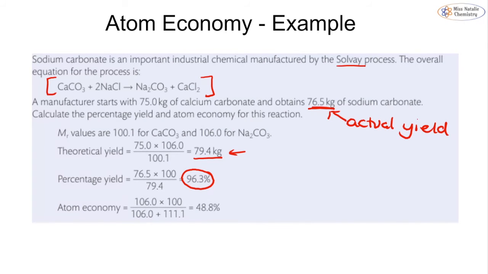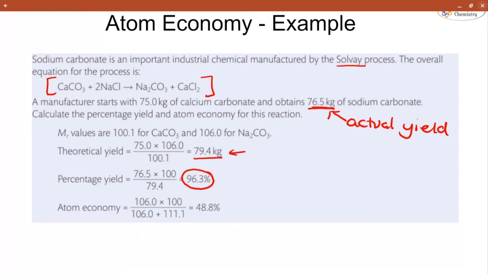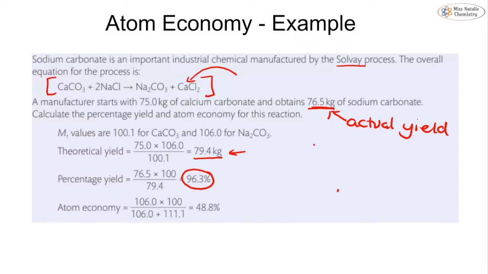But if we look at the atom economy, we can see that we make 106. So our molar mass of sodium carbonate is 106, but I also make the calcium chloride as an unwanted byproduct. So this is not a desired product.